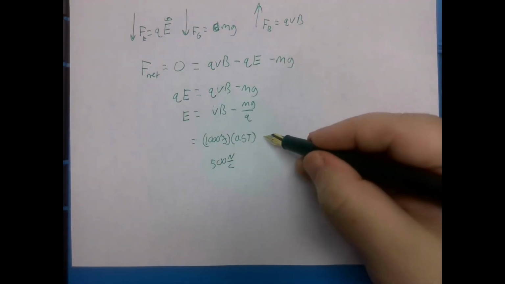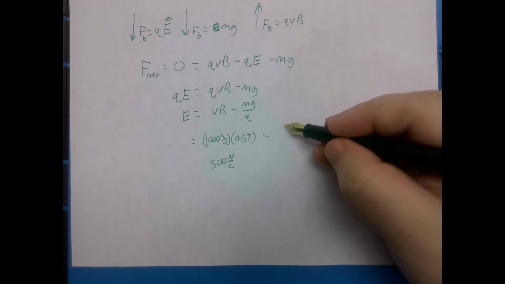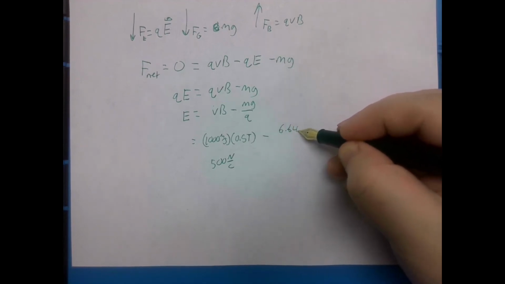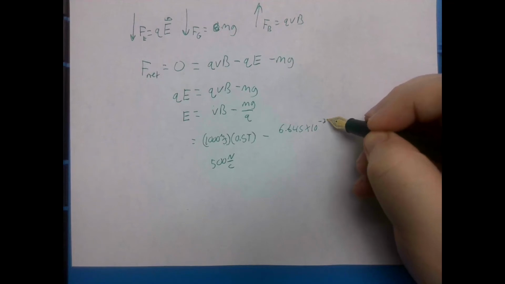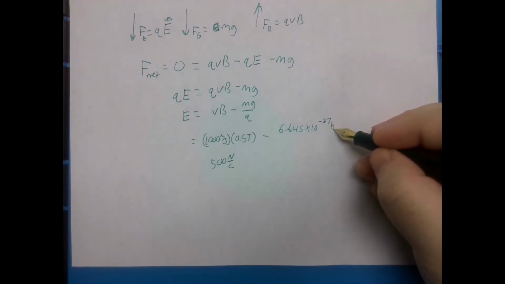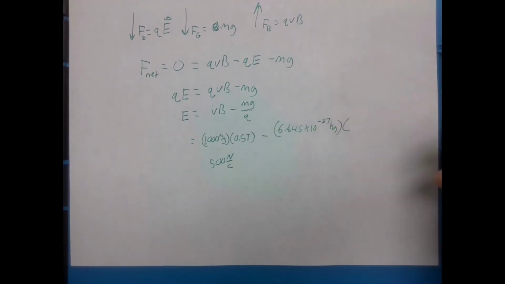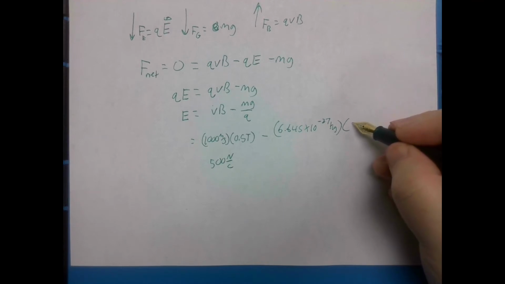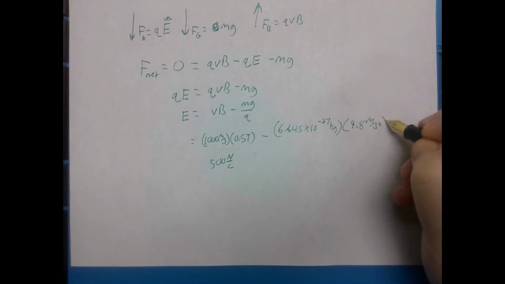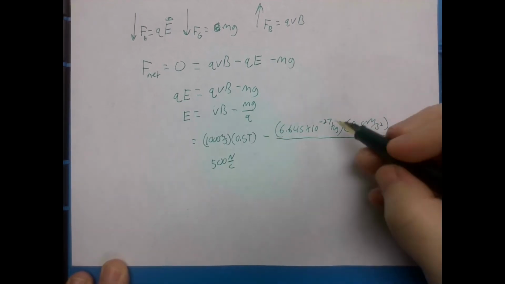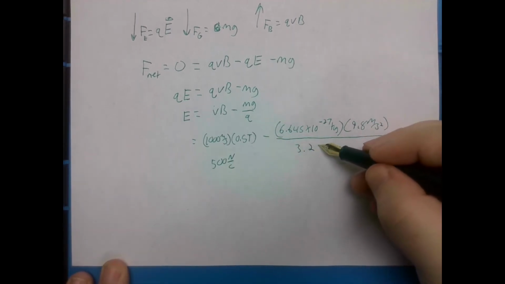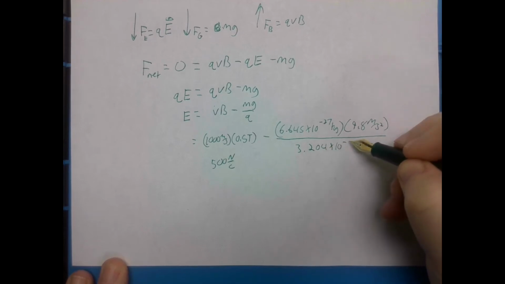That's what I got last time. But now it'll be minus 6.645 times 10 to the negative 27 kilograms times 9.8 meters per second squared, divided by 3.204 times 10 to the negative 19 coulombs.